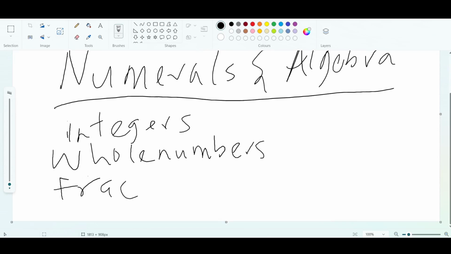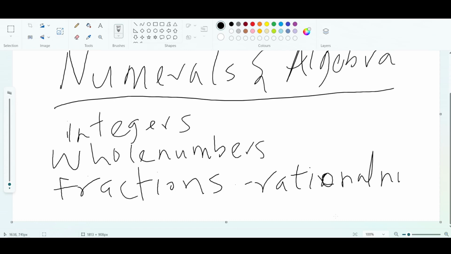Then we have the fractions. We also call fractions rational numbers. Rational comes from ratio. So one of the examples of rational numbers is the fraction. Any number in the form of a fraction is called a rational number.